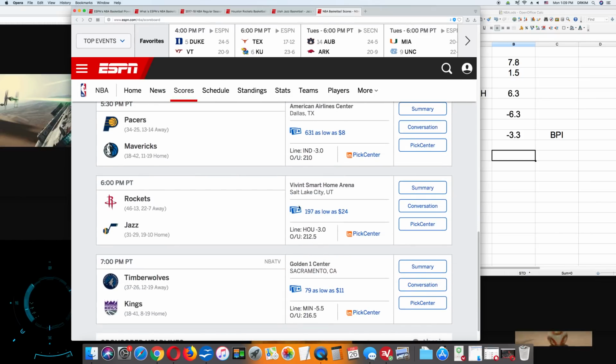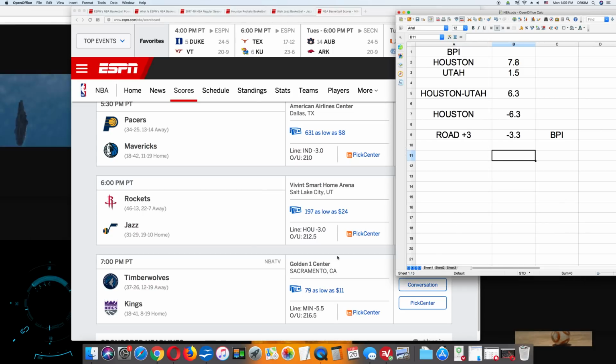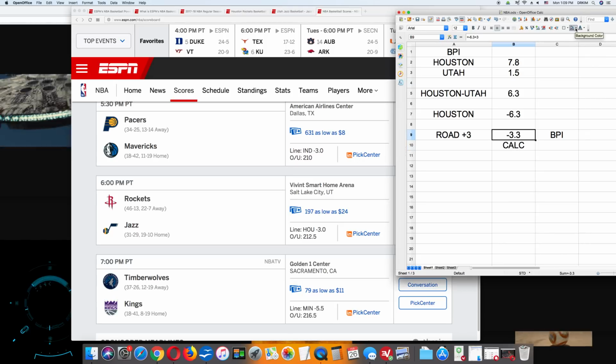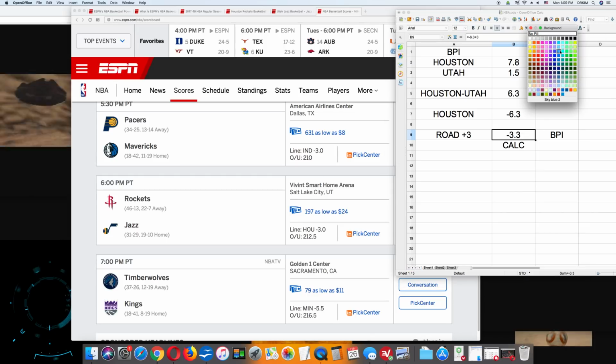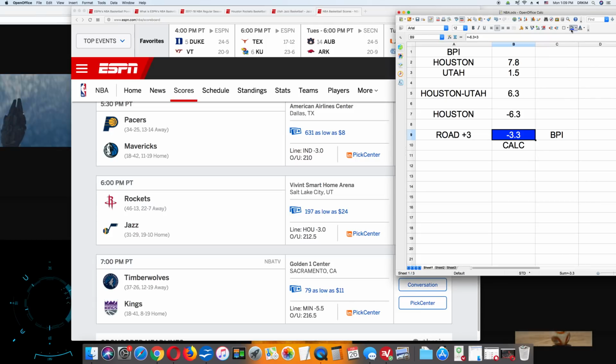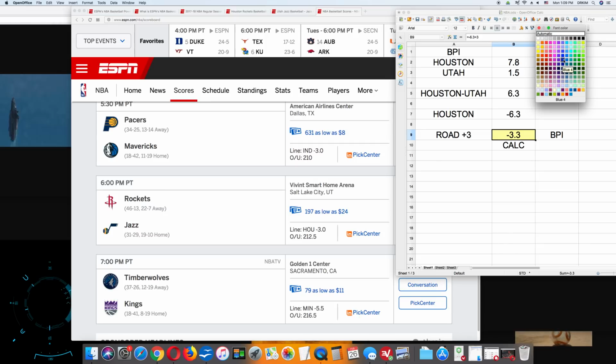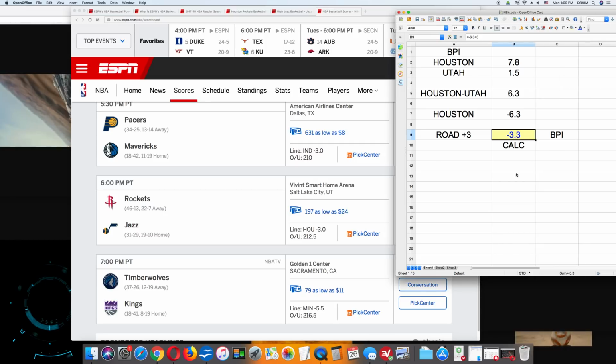And right here in the second column of their box here, Houston minus 3. Houston minus 3. So it's exactly the same. And this is one that you've calculated. That's calculated. All right. So that's using BPI.